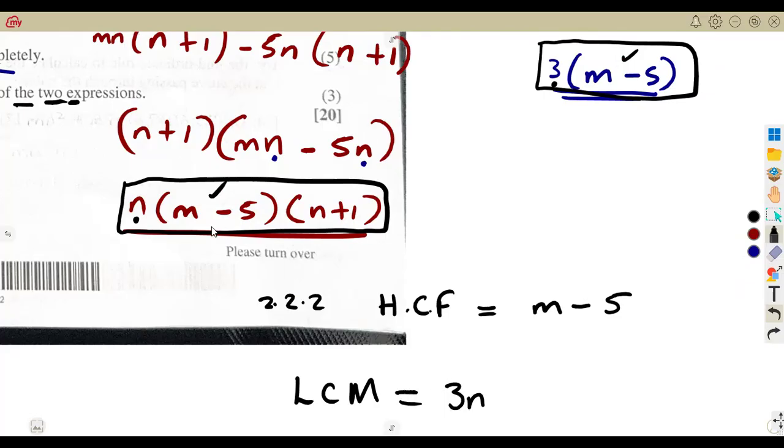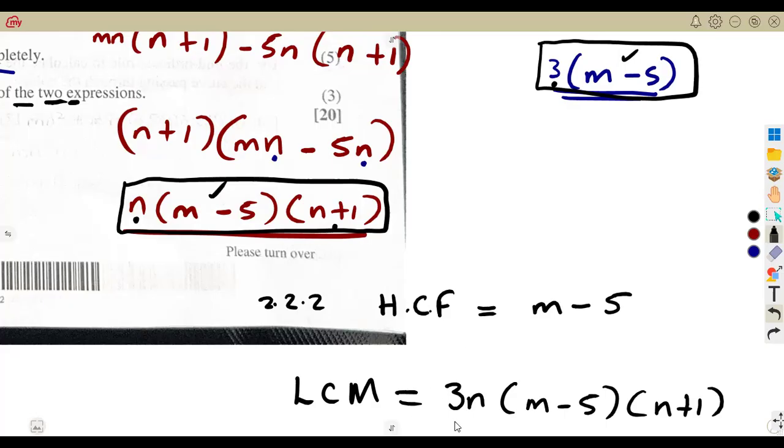Moving to the brackets, m minus 5, there is m minus 5 there. It's a repetition. You just take it as it is, m minus 5. Remember, you take everything, but do not repeat that one. It's just a repetition. Then we have got n plus 1. It's part of our brackets. So this was going to be our LCM.